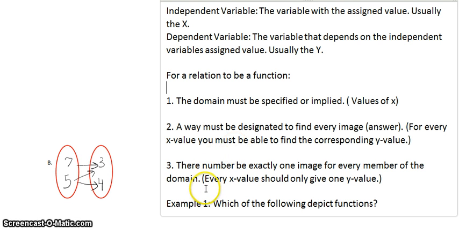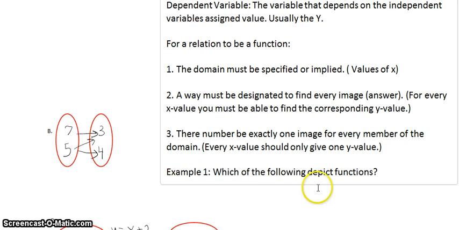Number 3, there must be exactly one image for every member of the domain. So every x value should have only one y value. You could have the same y value for all x values and it would still be a function, but you can't have one x value that gives you more than one y for it to be a function.